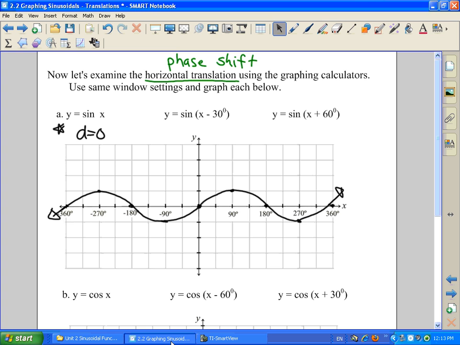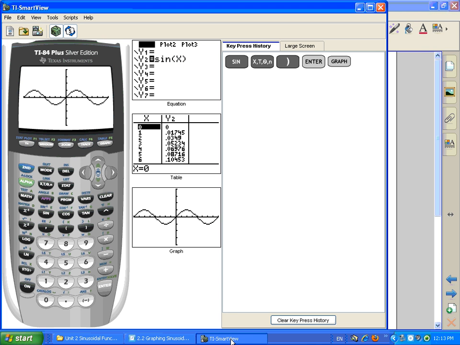So what does this say here, folks? It says sine x minus 30. So my value of d in this case, ladies and gentlemen, is d equals 30. So let's just graph that and see what similarities we know. And you could put down 30 degrees if you like. So let's go back to our graphing calculator.